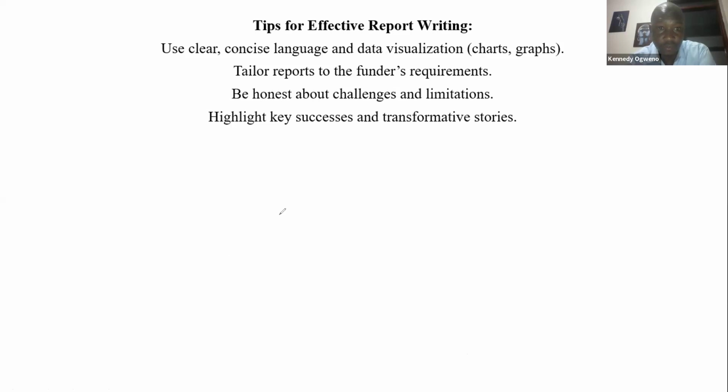I don't know whether I'll be able to share it. I had a certain type of grant proposal that I wrote together with other people for the Cancer Institute of Kenya.